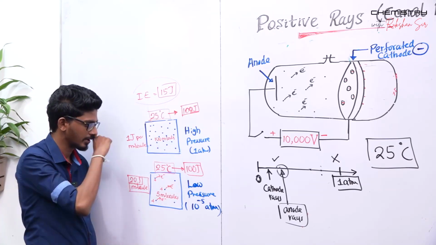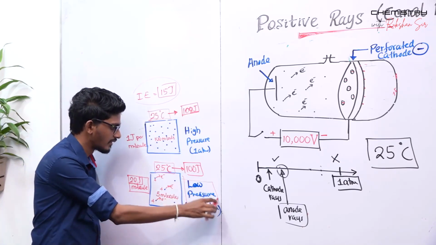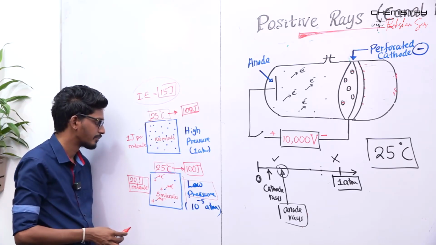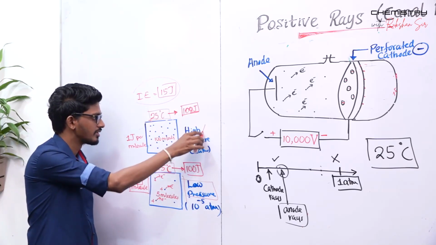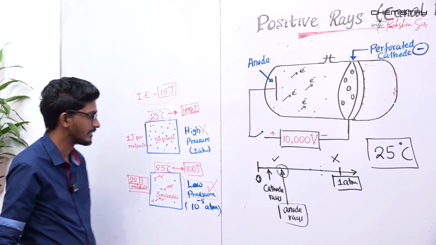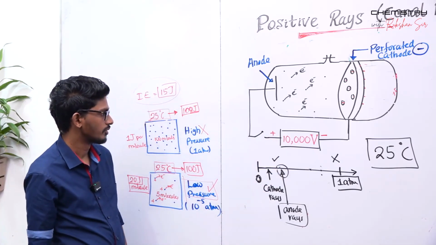Got the idea, right? So when we are referring to systems with low pressures, we are able to see ionized gas particles, not with these systems, but here, even without applying the voltage. So remember that.